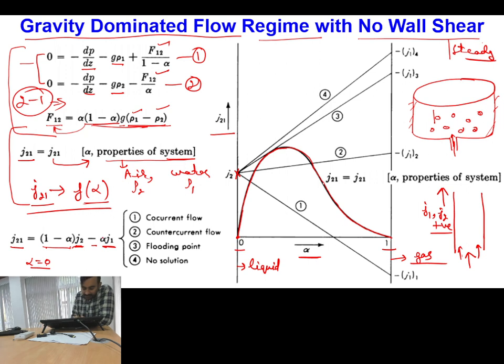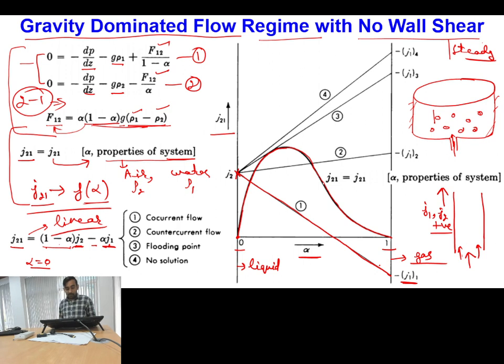And when alpha is 1, then the value becomes minus J1. So here I have the value minus J1. Okay. And if you see, the nature of this equation is nothing but a linear equation. So if I know the two endpoints, then I can simply join a straight line to show the nature of this equation.